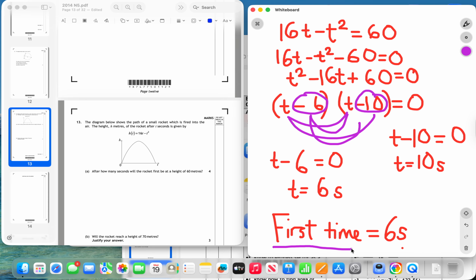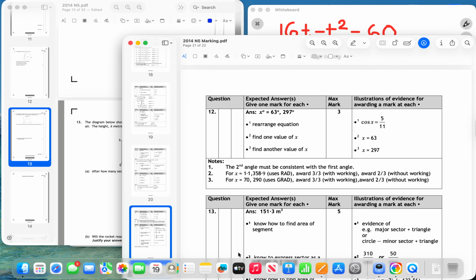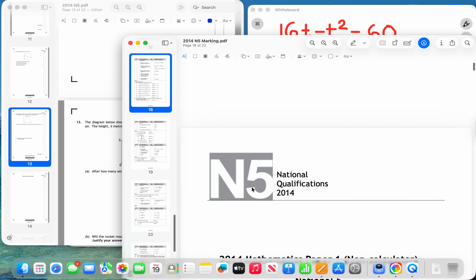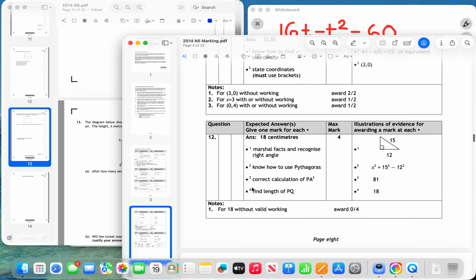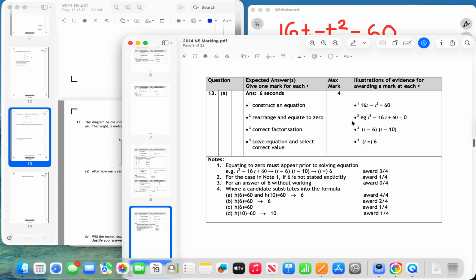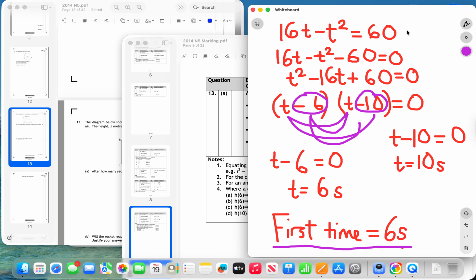Now, I am going to go through the marking for this. So that's the marking. And this question was out of 4 marks. So your first mark would be for this.